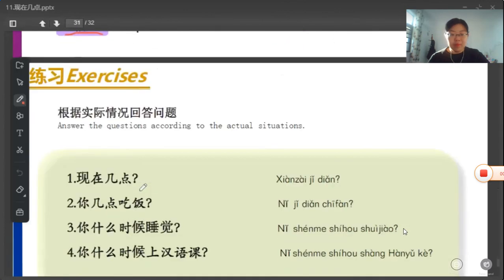Okay, let's do some exercises. Please answer the questions according to the actual situation. For example, 现在几点？What's the time now? 现在8点43分. Next one: 你几点吃饭？吃饭 means eat a meal.